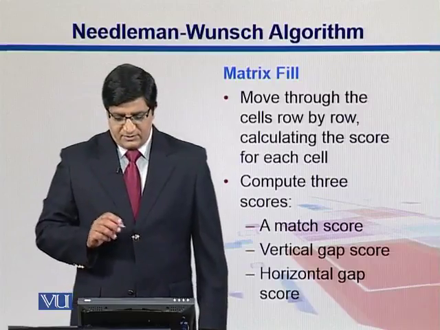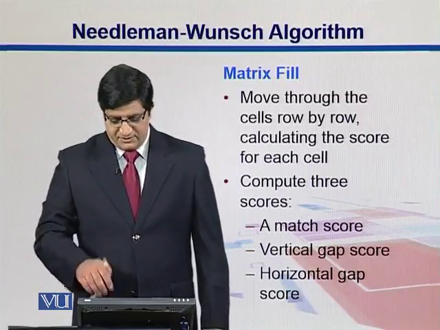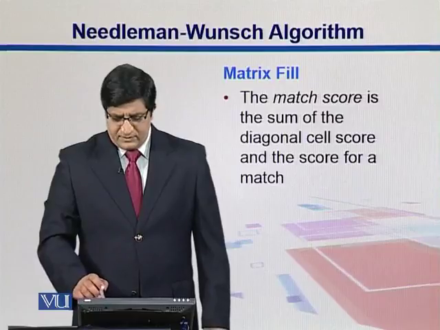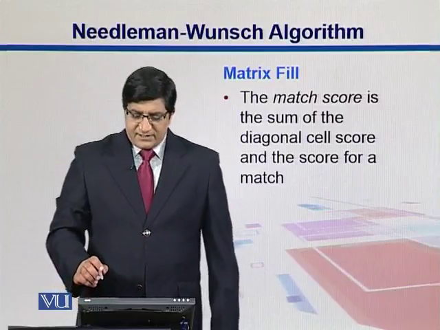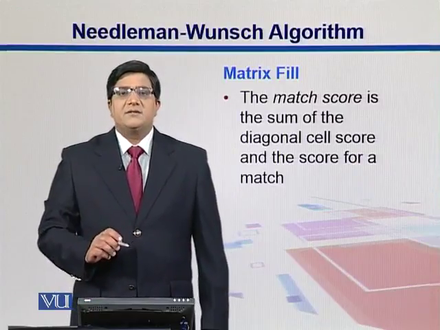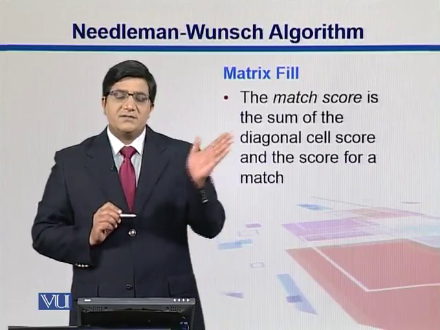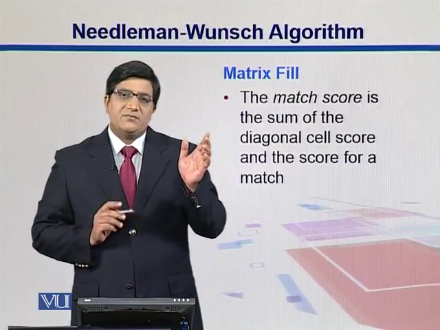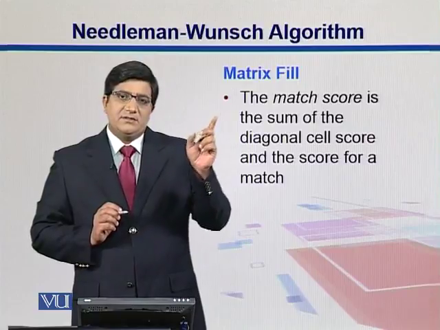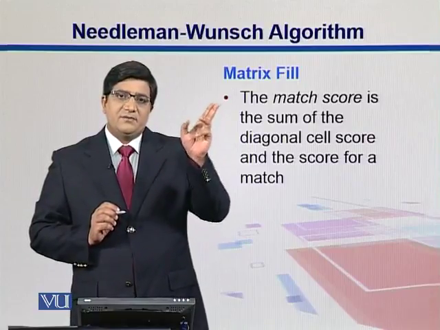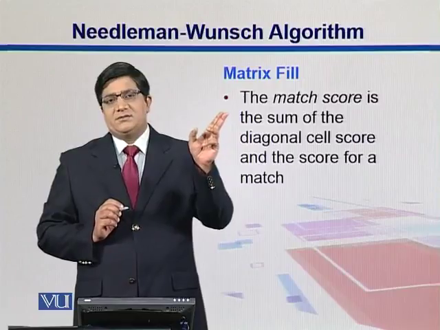You will learn it when we implement it actually. The match score is the sum of the diagonal cell score and the score for the match. From the previous section we are moving from the cells in the diagonal, the last location.